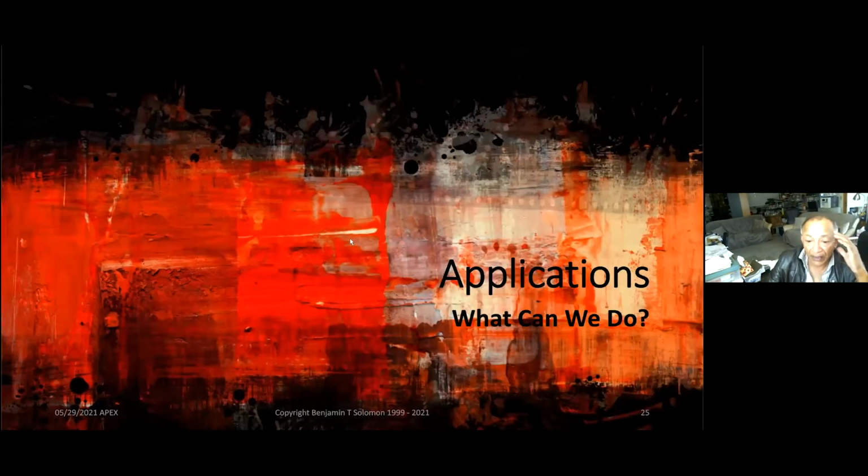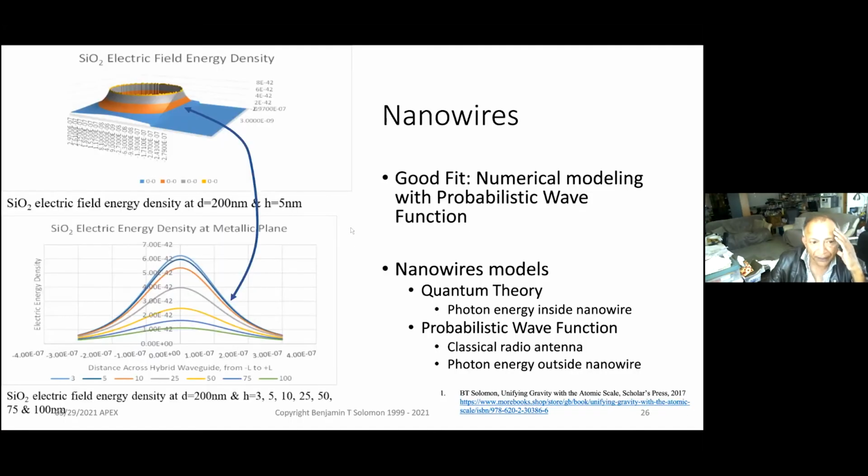Okay, so applications, what can we do with this probabilistic wave function? Utlan, I think his name is Utlan, he ran some modeling with quantum theory of nanowires in silicon oxide substrate, and he came up with a set of results on how the electric field disperses from the nanowire all out into the silicon oxide substrate.